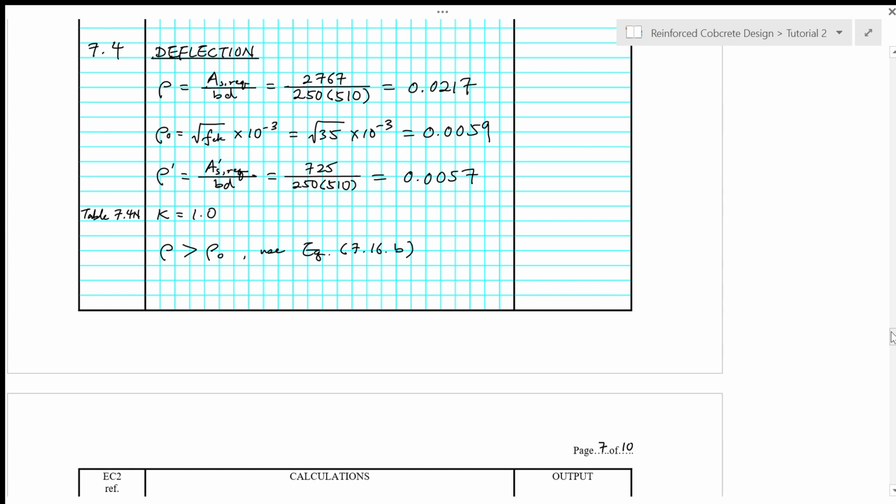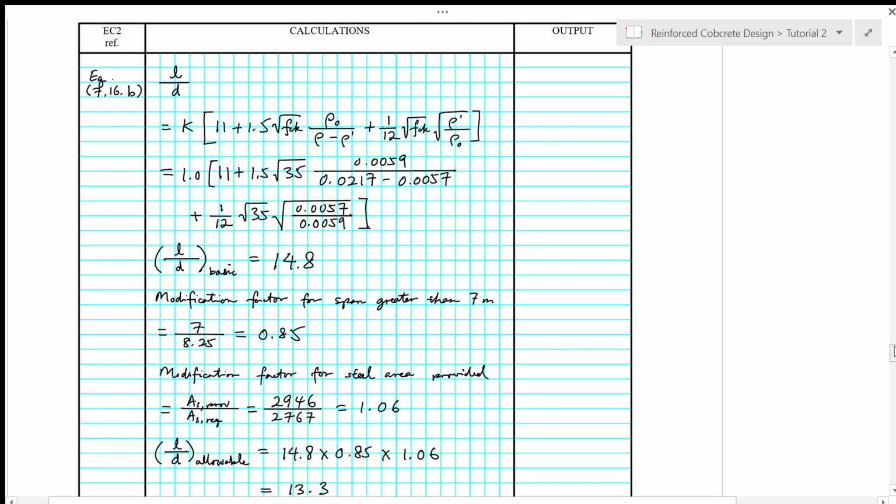And then the value of rho is greater than rho 0, so we use equation 7.16b from Eurocode 2. From equation 7.16b, we get L over d basic of 14.8. And then the modification factor for beam span greater than 7 meters, we have 7 over 8.25 meters of the span of the beam, so we have 0.85.